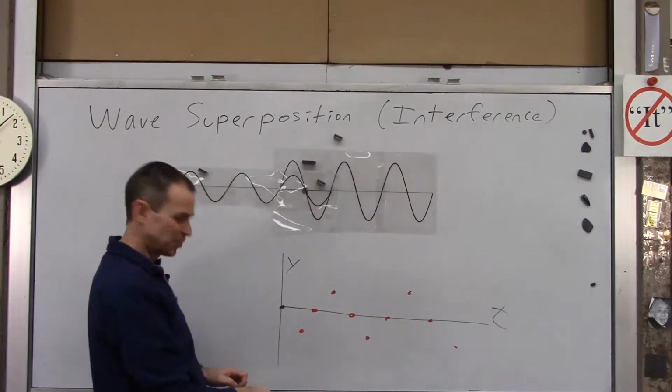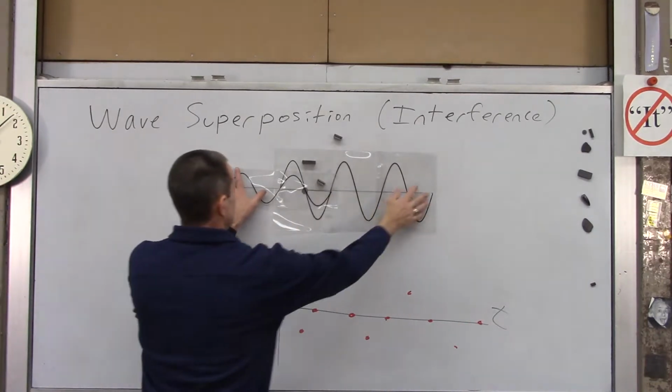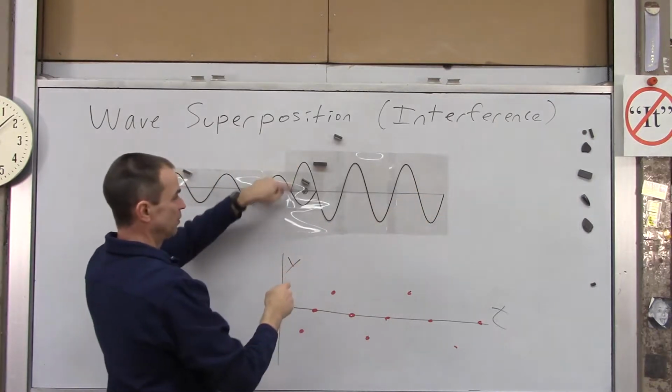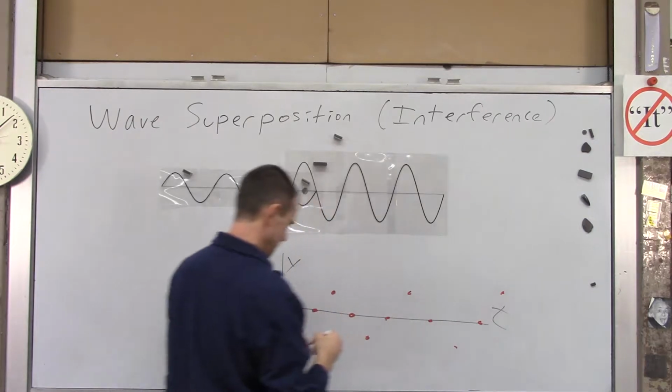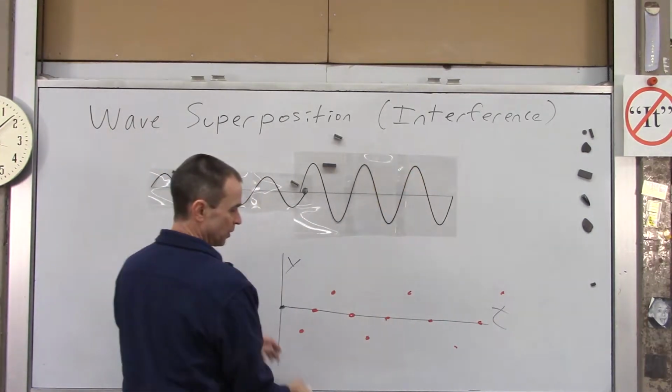Now you've got an equilibrium point. Then you've got big crest, small trough. You've got a crest. And then finally, you're back to equilibrium.